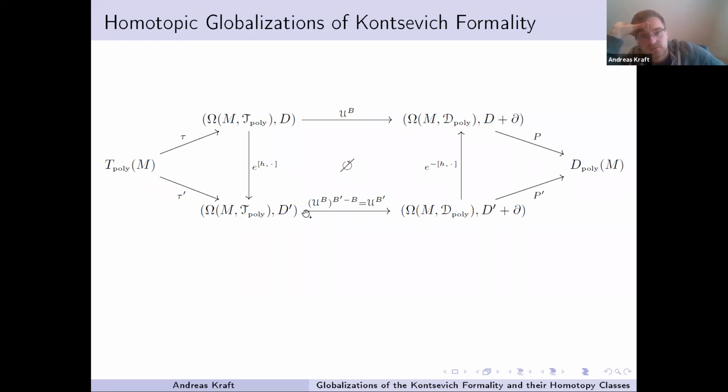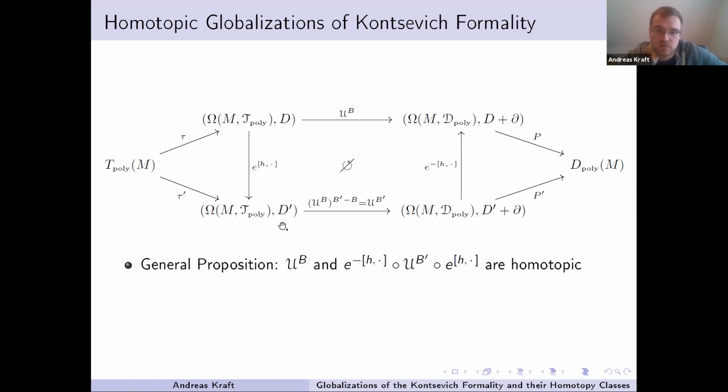And then, okay, so going downstairs is just twisting by b prime minus b. But the formality twisted by b prime is also just the formality above twisted with b prime minus b. And this is just twisting back. So this central square here is just this general diagram I had before. And there we showed that this commutes up to homotopy.